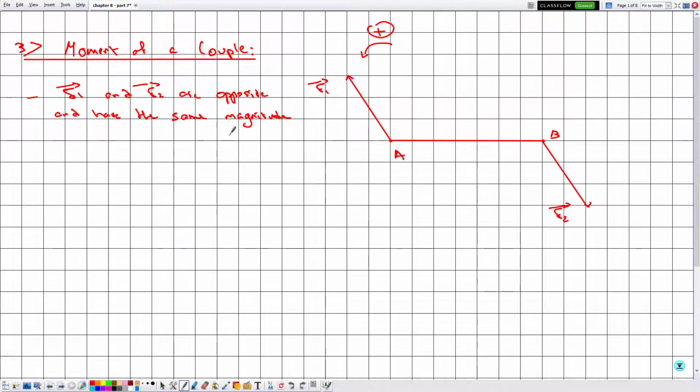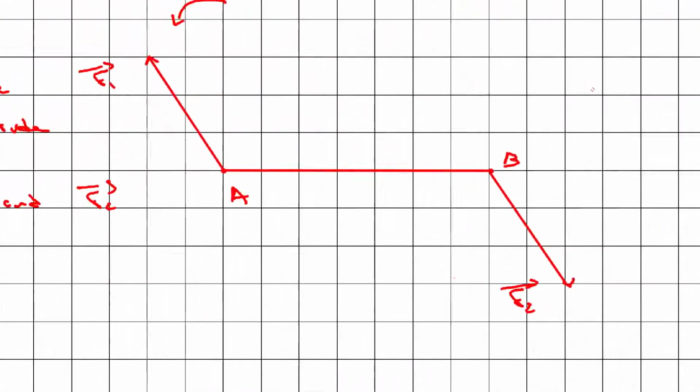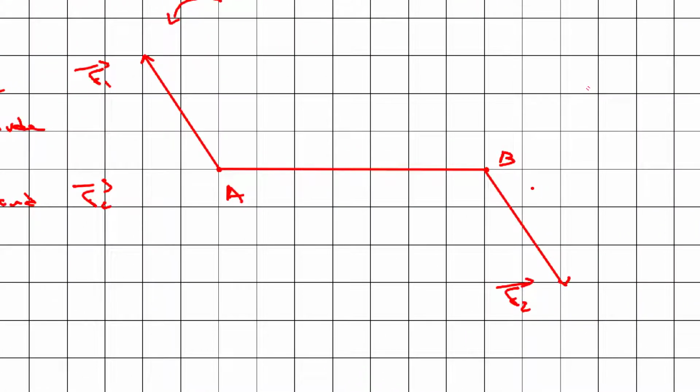Then in this case, F1 and F2 form a couple, because they have the same line of action, opposite direction, and same magnitude.